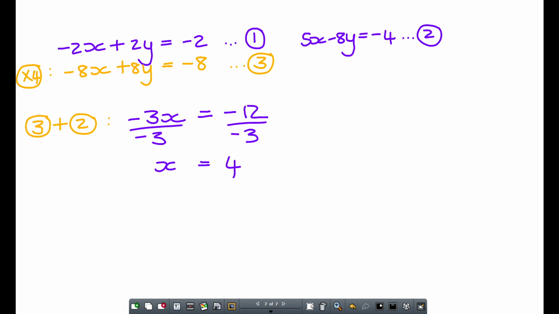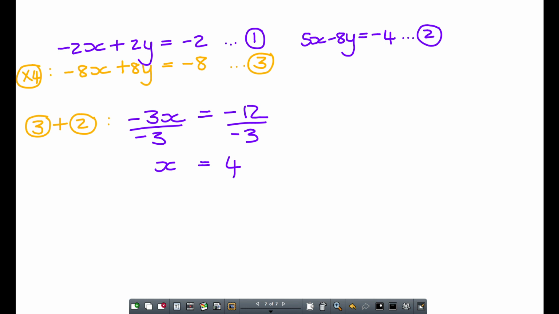Sien jy, nou het ek weer dieselfde as wat ek net nou gehad het. Nee? Okay. How do I get my y value? I'm going to substitute that into either equation 1 or 2 or 3. I would advise you to only substitute into the originals. Met ander woorde, as jy nou moet kies hier, sou ek of vergelyking 1 of 2 gaan vat het. Nee. Okay. Kom ons stel hom sommer in by 1.